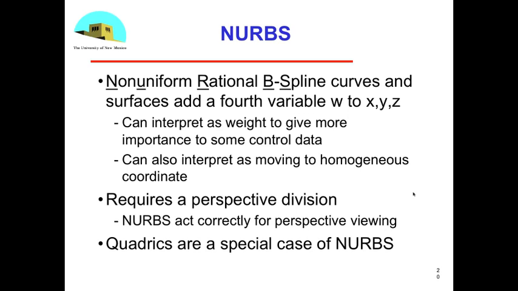So each data point is being multiplied by W. So if you have a data point, the ith data point, xi, yi, zi, you can associate a constant with it, wi, that multiplies each one. So you have wi xi, wi yi, and wi zi.